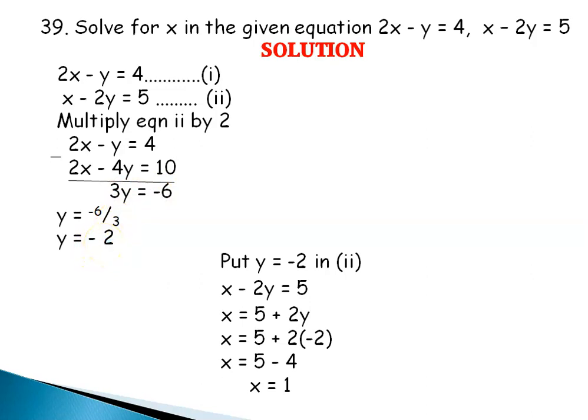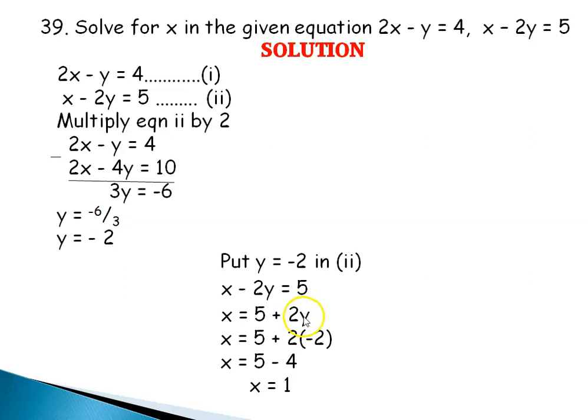Is that okay? Then I'll put this value of minus 2 into equation 2. This is equation 2. x minus 2y is equal to 5. Okay, I want to do this first. Let me bring my 2y to this side. When minus 2y comes here, it becomes plus 2y. x is equal to 5 plus 2y.